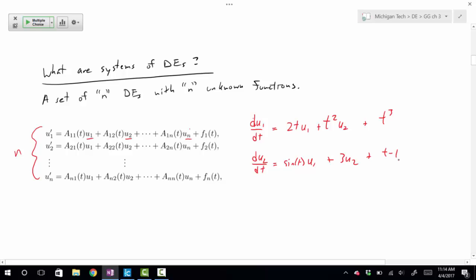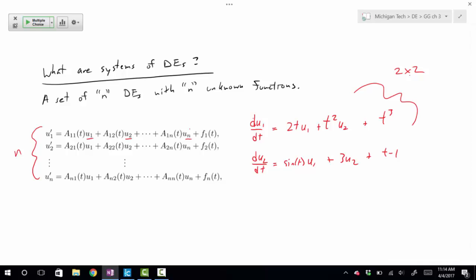This is a system. I have two equations and two unknown functions, u1 and u2. And because I have two equations and two unknown functions, I will call this a 2x2 system. So this is a 2x2 system of first order differential equations.